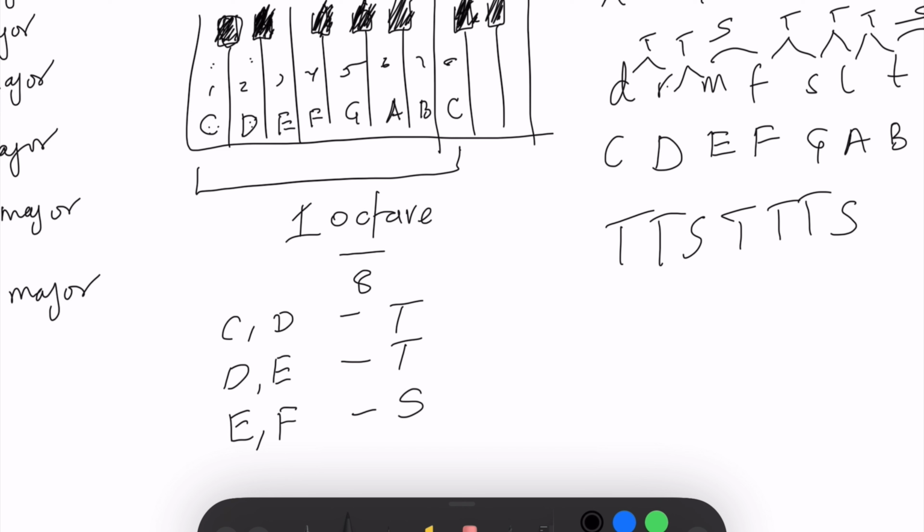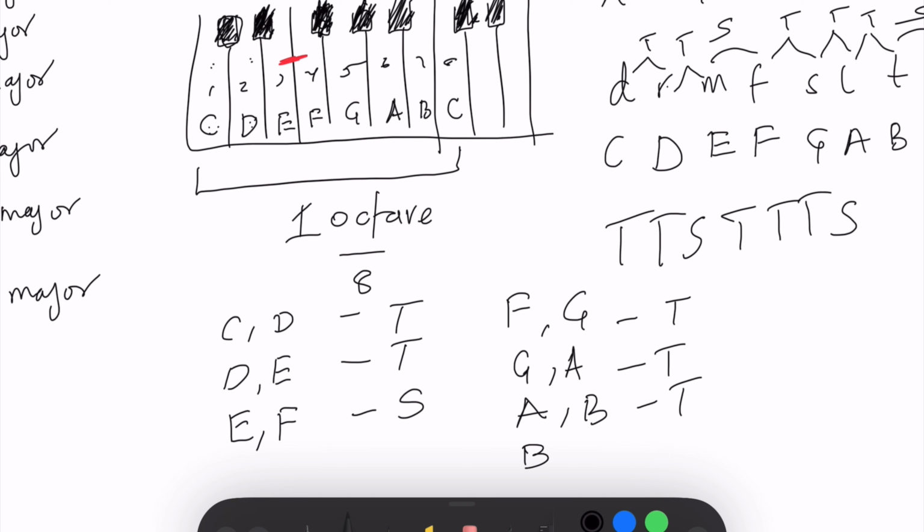Here, at this point, there is no black key. Let's see, between F and G is another tone, of course, because there is a black key up there. Between G and A is another tone. Between A and B is another tone.